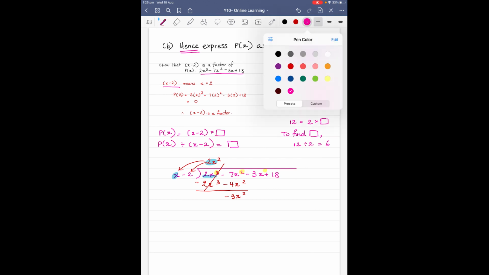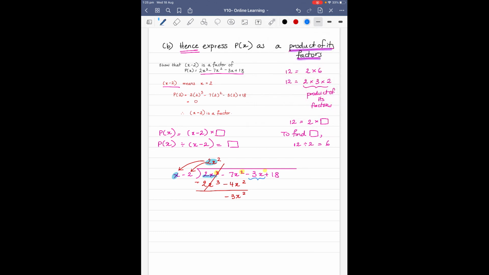Okay, we're going to bring down the next term, it becomes minus 3x. So something times x has to give you minus 3x squared. So we know minus 3x times x gives you minus 3x squared.